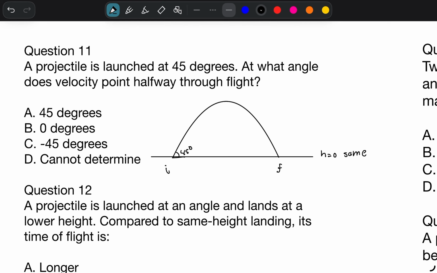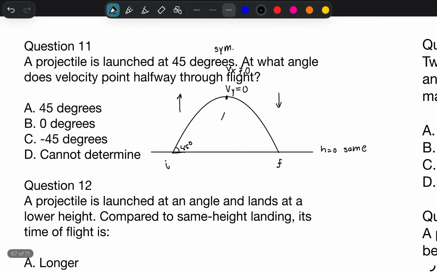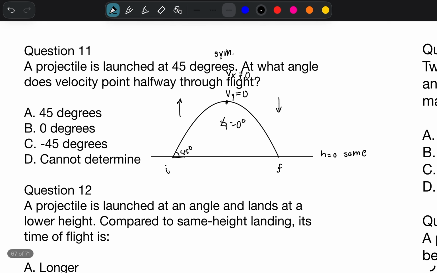And we also know that our projectile motion is going to be symmetric. So at the highest point, your vertical velocity, we already know, is equal to 0 due to it changing direction. So our velocity is going to be purely horizontal at this point. Therefore, our angle is going to be equal to 0 degrees.